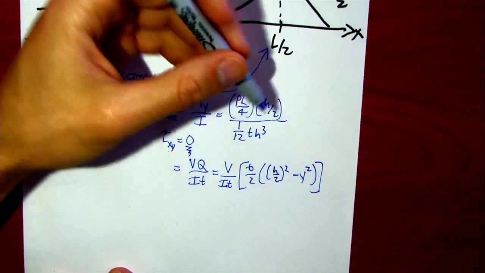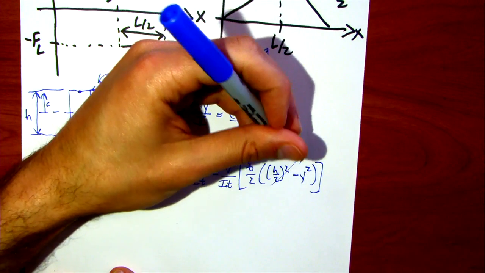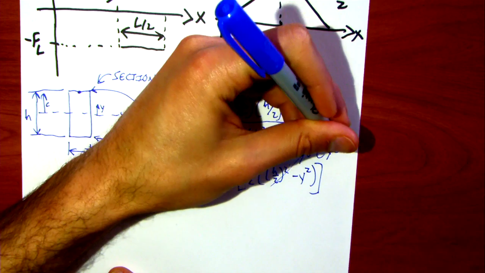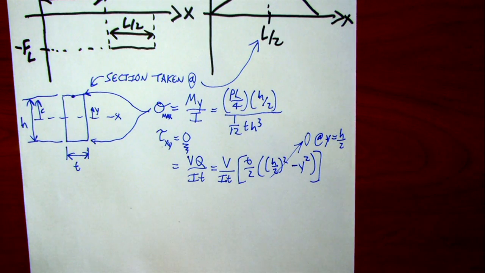Well, Y equals H/2 at this sigma max point, so this all goes to 0. So tau xy is 0 at the max and the min.